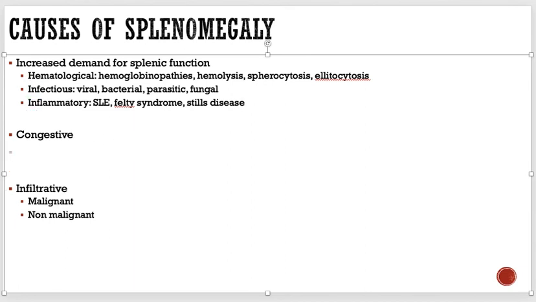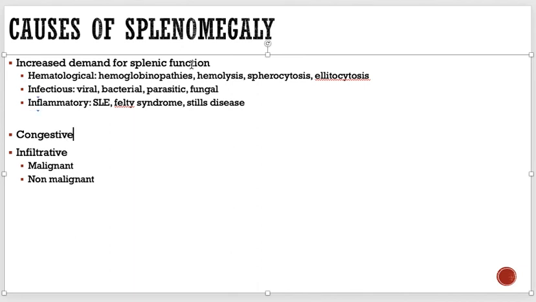Talking about the congestive causes, in which there is congestion in the spleen. Very important: portal hypertension. In this one, the spleen becomes congested, full of blood.